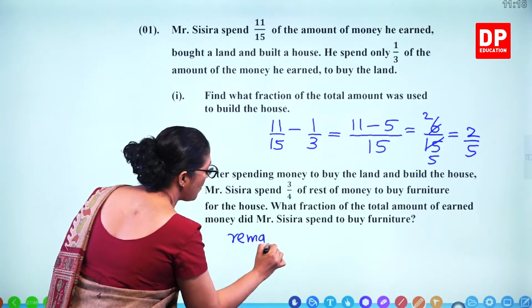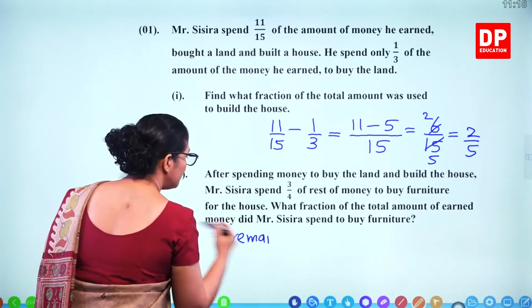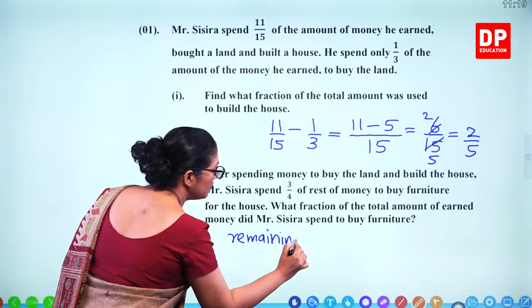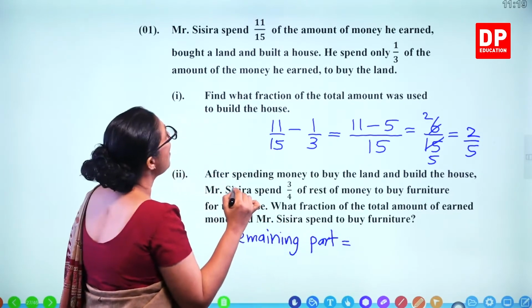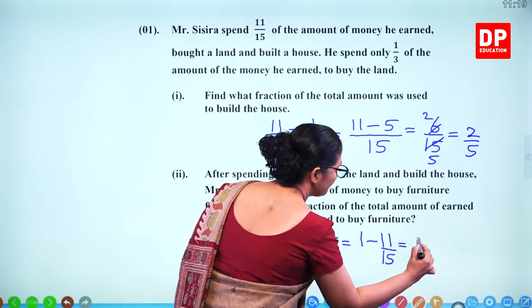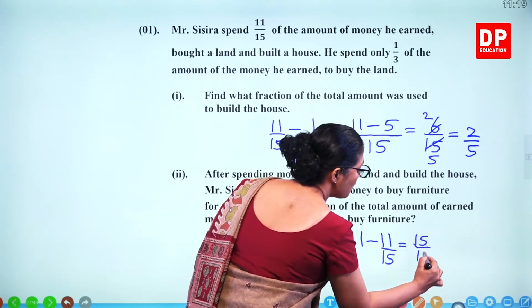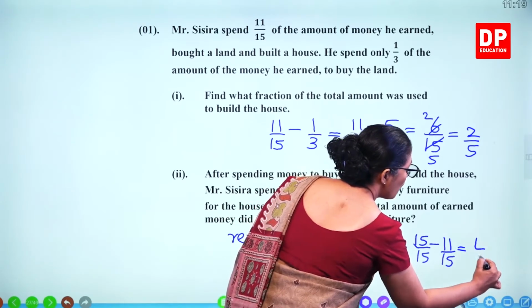Remaining part is 1 minus 11 over 15. That's 15 over 15 minus 11 over 15, which is 4 over 15.